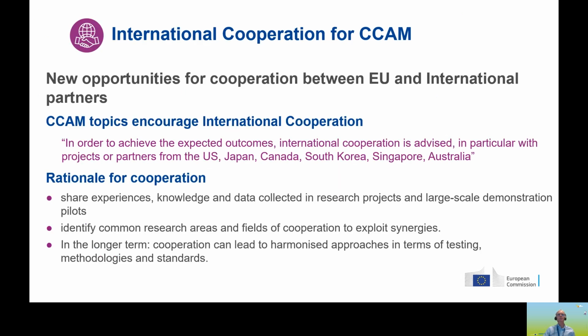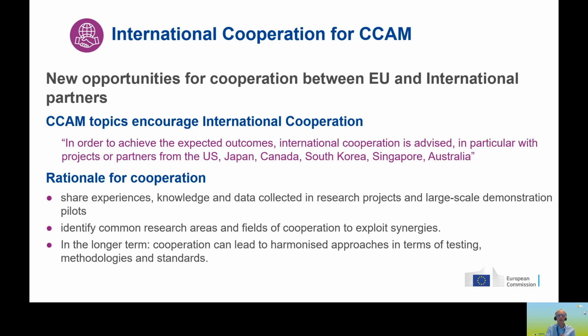But before doing that, let me just highlight also the importance of international cooperation for these calls on CCAM. We want to strengthen links with partners from other regions of the world, and we are convinced that international cooperation can be very useful to exchange knowledge, expertise or data, and also address research questions together to exploit synergies or to work towards a global framework and international standards for connectivity and for automation technologies.